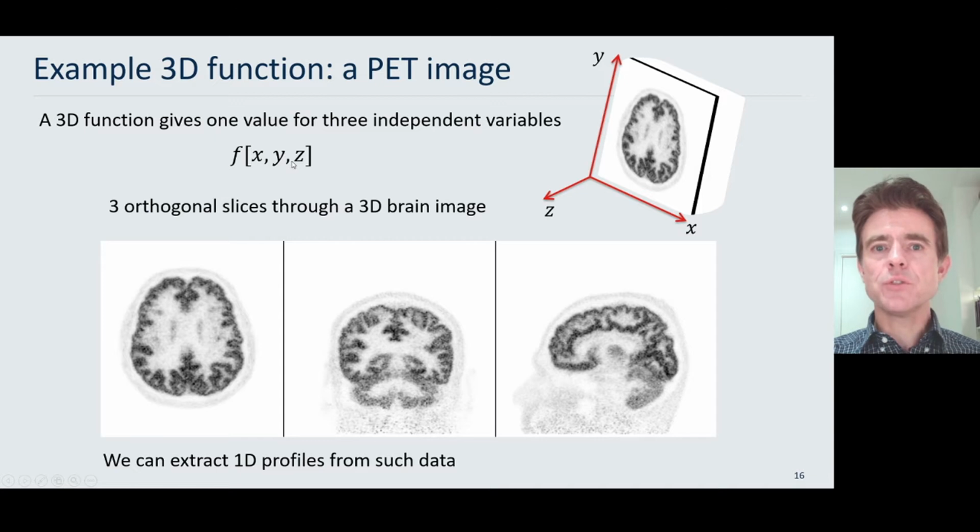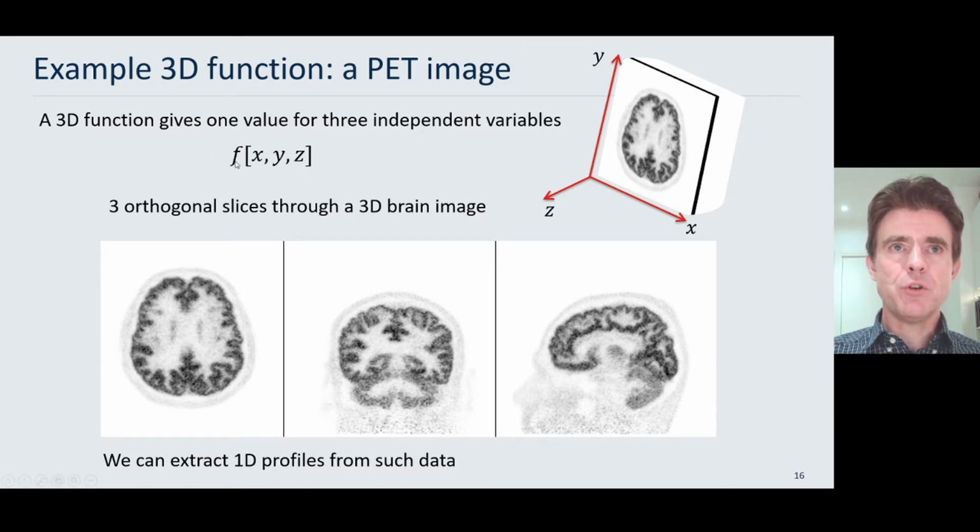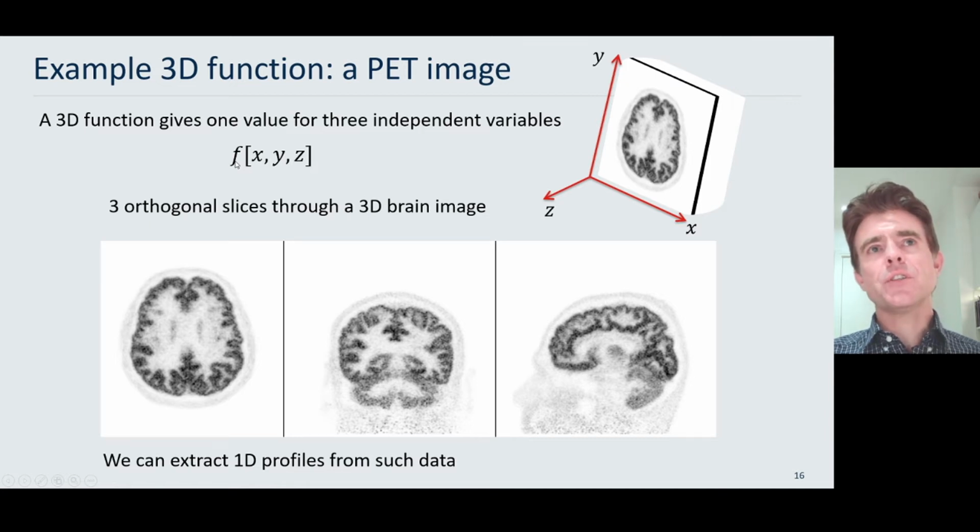We also pick the slice, which is given by a third dimension, the z dimension. That's why this is now a 3D function. We have three independent variables, x, y, and z, for which we are getting some grayscale value f, which in the context of PET would represent the concentration of the radio tracer in that position in the brain.